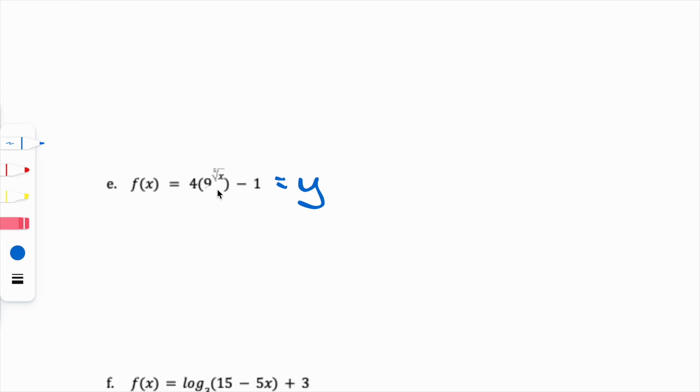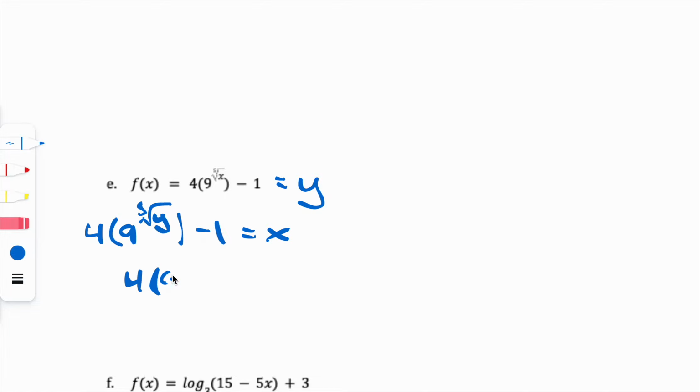Okay, so we have 4 times 9 to the 5th root of x, and all of that minus 1. So that equals y. Let's first switch x and y. We get 4 times 9 to the 5th root of y, minus 1, equals x. First thing we want to deal with is adding 1 to both sides.